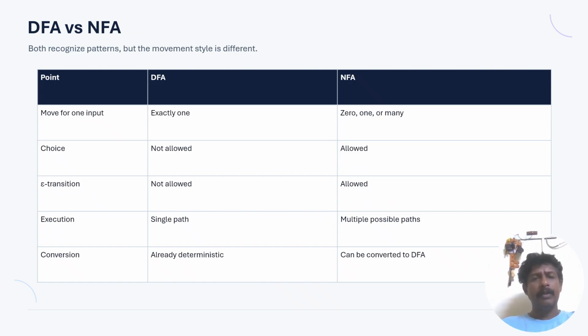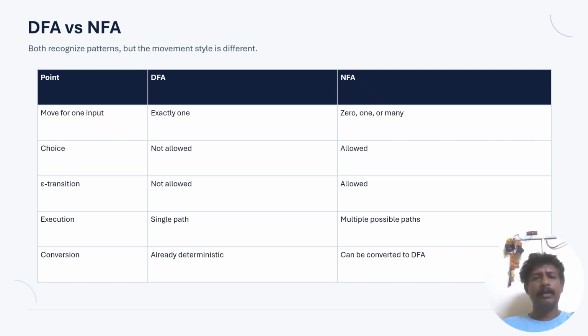Next, let's compare DFA and NFA side by side. This comparison is very useful for exams and also for understanding. In a DFA, for each state and input there is exactly one move. In an NFA, there can be one or many moves. A DFA does not allow choices; an NFA allows choices. A DFA does not have epsilon transitions, but an NFA can.